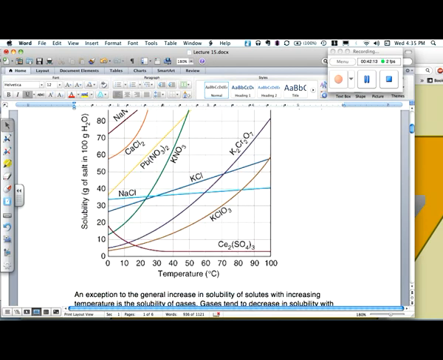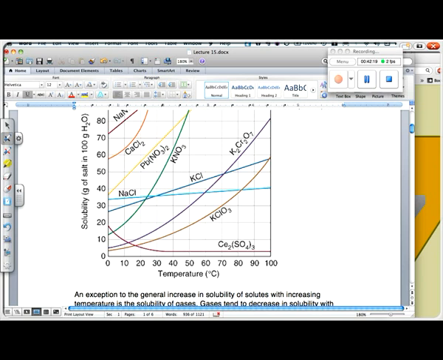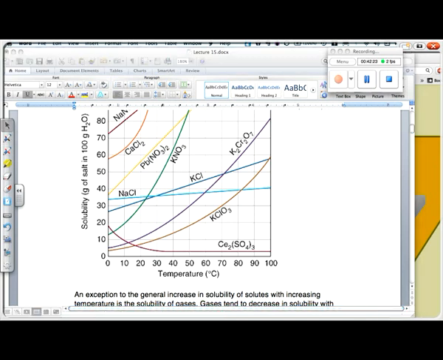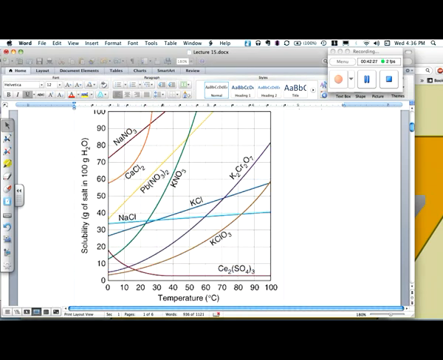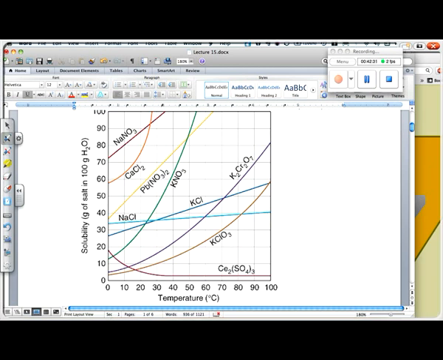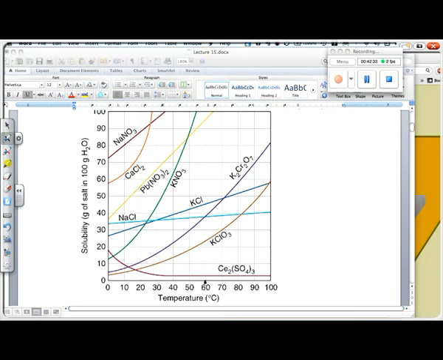That's the green line. We're going to go from 60 degrees centigrade right here. It's unfortunate that at 60 degrees centigrade, it doesn't even intersect the potassium nitrate line.